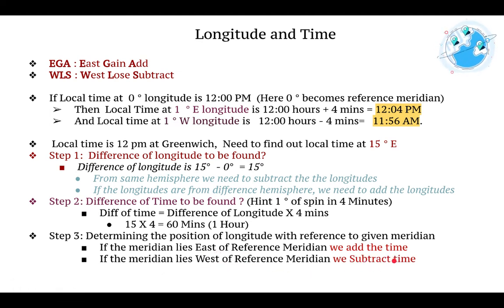If the meridian lies west of the reference meridian, then we subtract. So I just have to add this 1 hour to the reference meridian local time. Here it is 12 p.m. If I add 1 hour to 12 p.m., it becomes 1 p.m. That is the local time of 15 degrees east. In the same way, for 15 degrees west, we just have to subtract 1 hour. That is as simple as that.